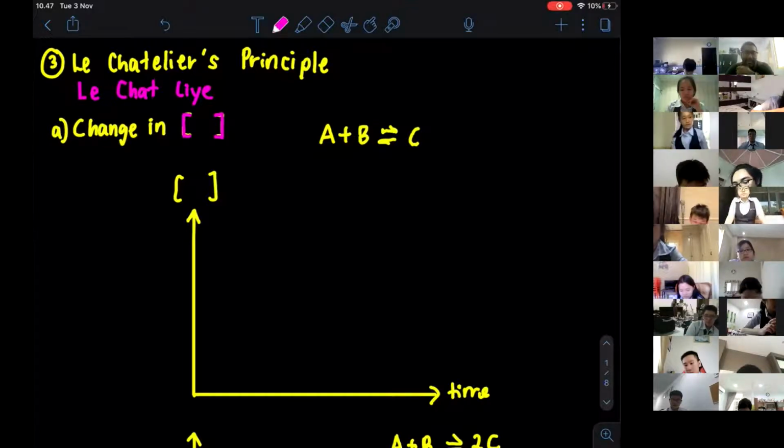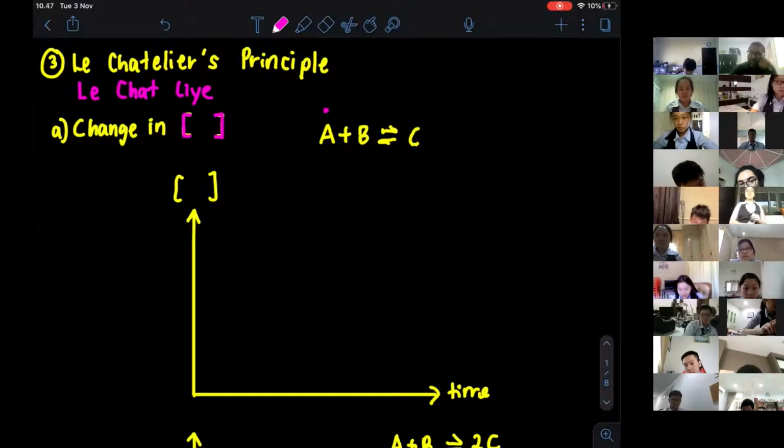So normally reactants will start with a particular concentration. In this graph, I'm going to show for A. A is going to be the reactant. I will only choose one. And I'm going to choose C as the product. Let's say I'm going to use this purple or pink ink.